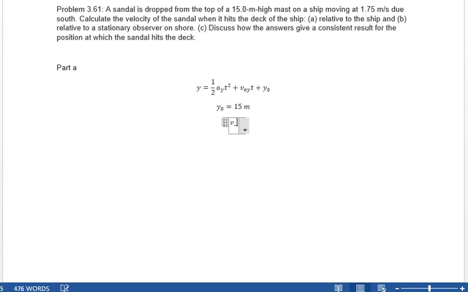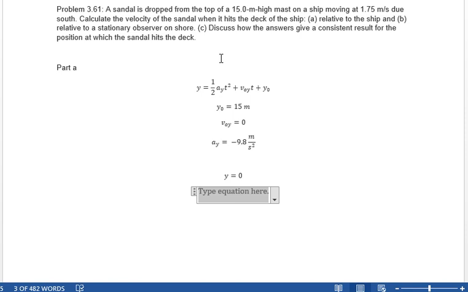Initial velocity v naught y is 0, right? And our acceleration is minus 9.8 meters per second squared. So we stick all this in. And when it hits the deck, y is 0.